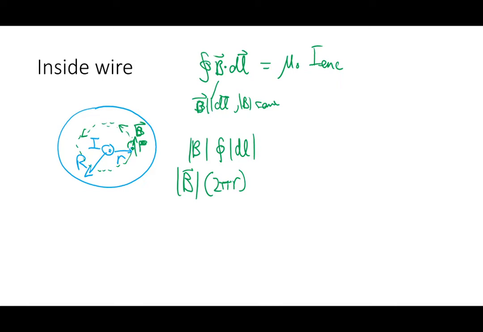But for your I enclosed, right, we're only taking part of the current, because we're not including the entire wire. We're including just part of that wire. And as we went through when we discussed current not long ago, in wires the current is distributed uniformly throughout the wire.